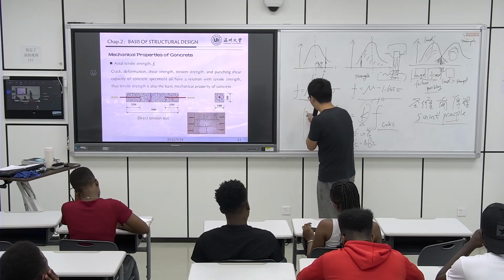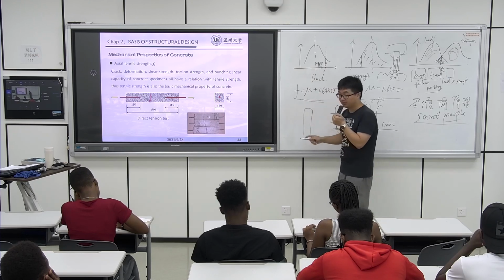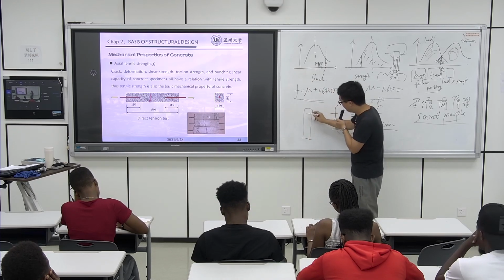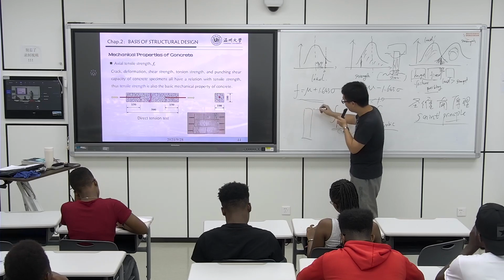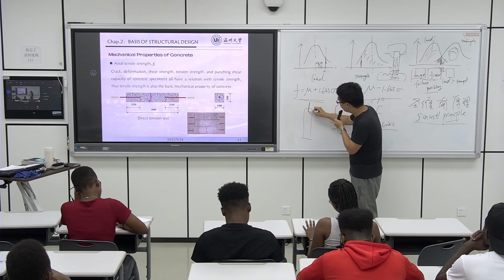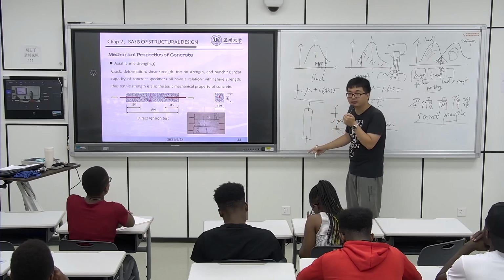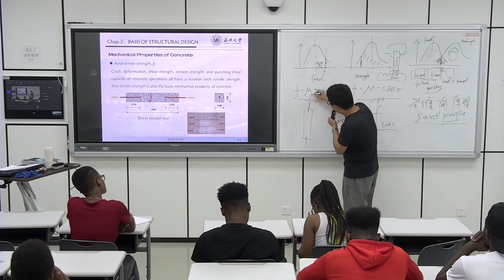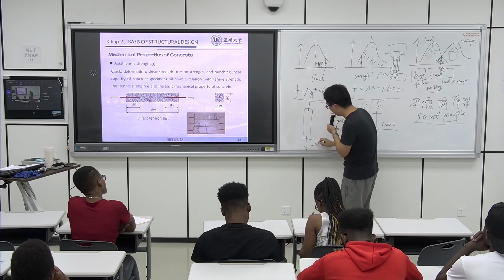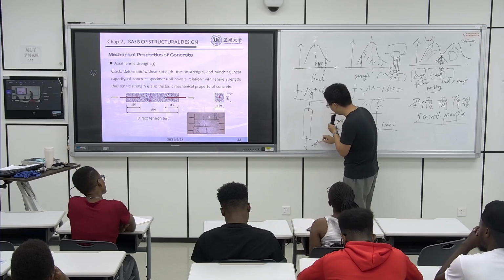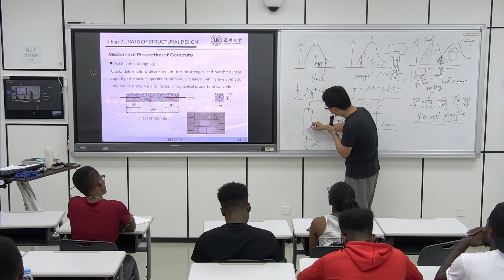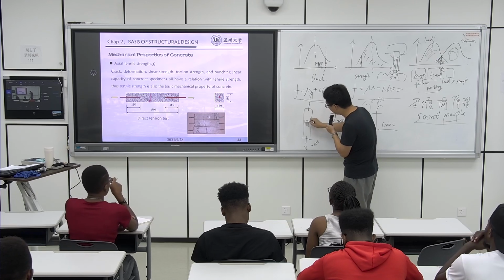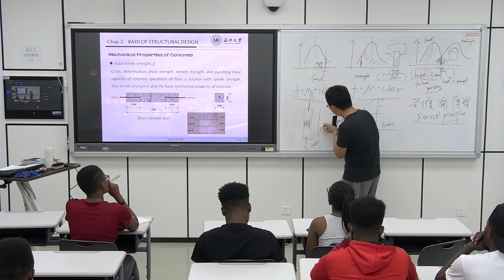Look at here. This is the specimen. We use the steel bar embedded in the specimen and also give it the force, the tension. We know in there the stress will be parallel.